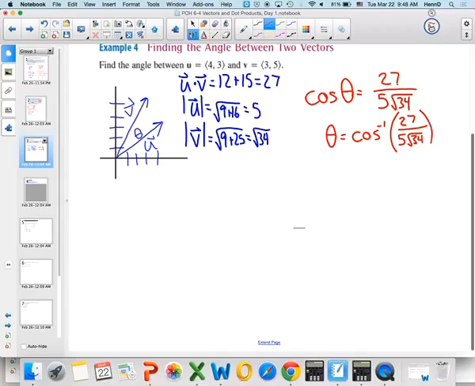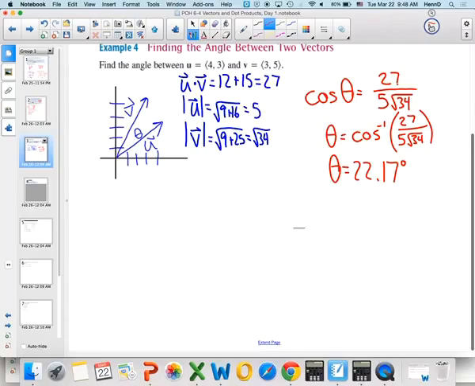Be careful with your parentheses on your calculator. Make sure you're in degrees. What do we end up with for theta then? 22.17 degrees. Is that correct? Anyone checking?